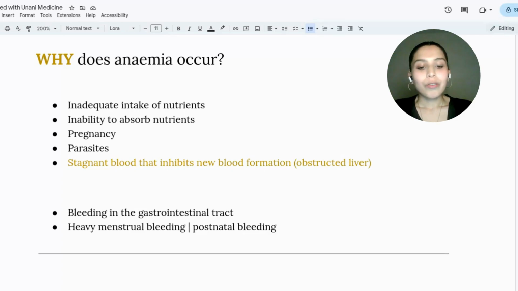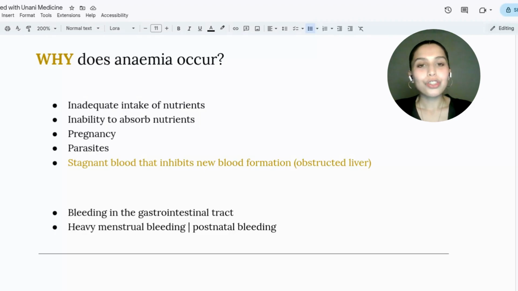There are workers, they're just trying to do their job, but there are way too many people, there are boxes everywhere, and their productivity is affected. And this usually occurs and is linked to a liver issue, because the liver, according to Unani medicine, is the factory in the body that creates the blood, the different components of the blood, and it's similar to Western medicine then.